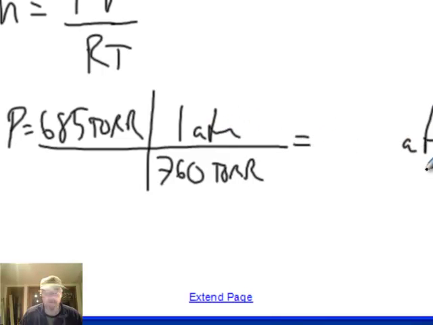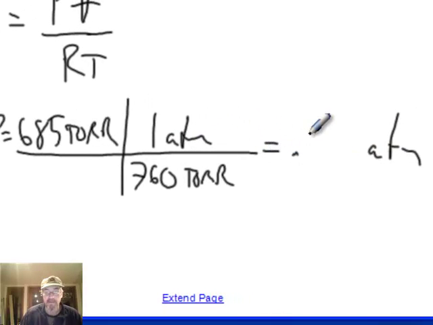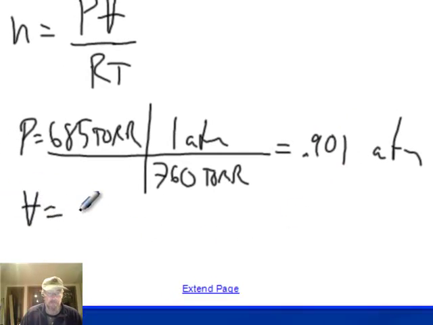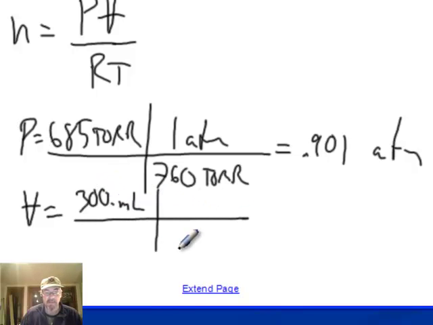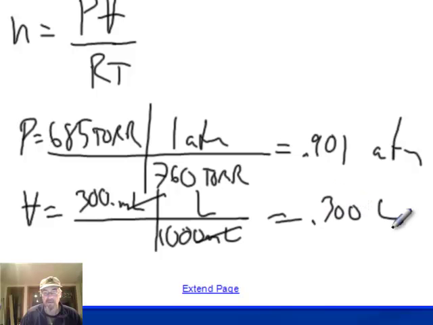So this will give us atmospheres, and it's 0.901. Our volume is 300 milliliters, but that's got to be in liters. With 1,000 milliliters per liter, that's going to give us 0.3 liters.